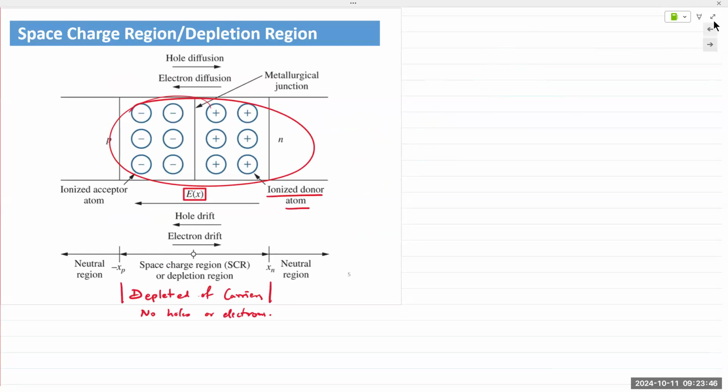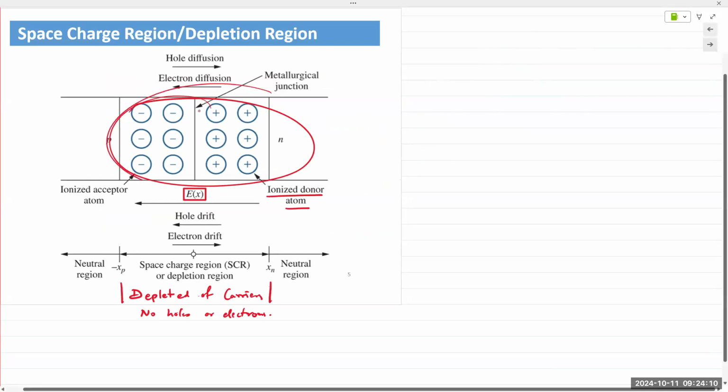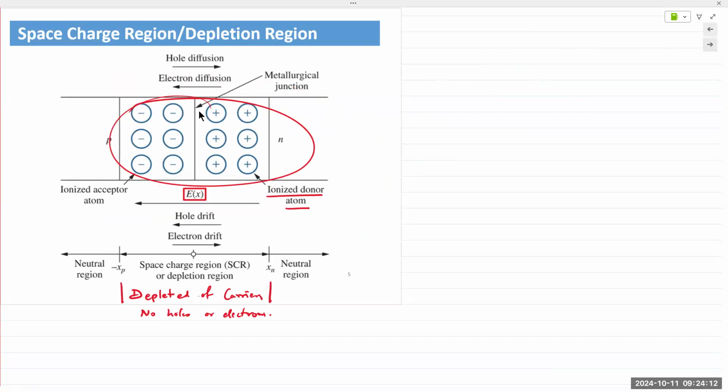We bring them in contact, holes and electrons cross over a little bit, and then a region forms which does not have any free carriers, because the free carriers have migrated away. They left behind ionized donor atoms and ionized acceptor atoms in this space. We refer to this as the depletion region.